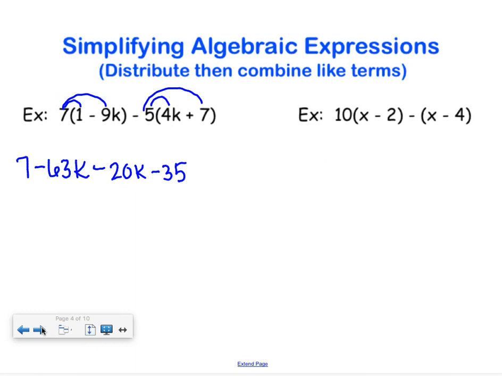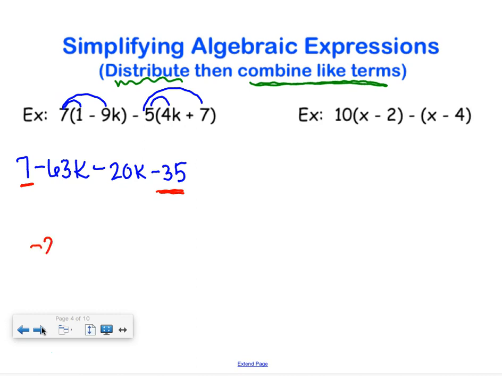Okay, now from here comes the combine like terms piece. So I've already distributed, but now I need to combine like terms. So again, remember we start with the first one. Do I have any other single numbers by themselves? Well, sure I do. I have 7 and then negative 35. So what is 7 minus 35?